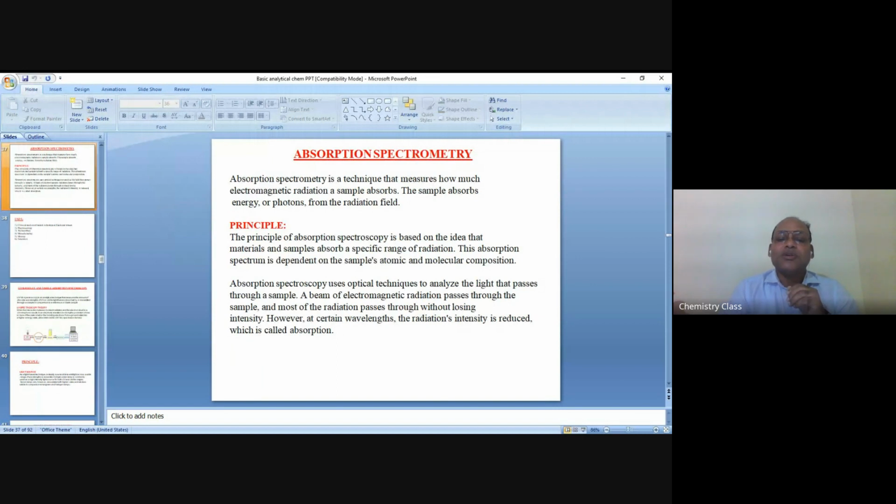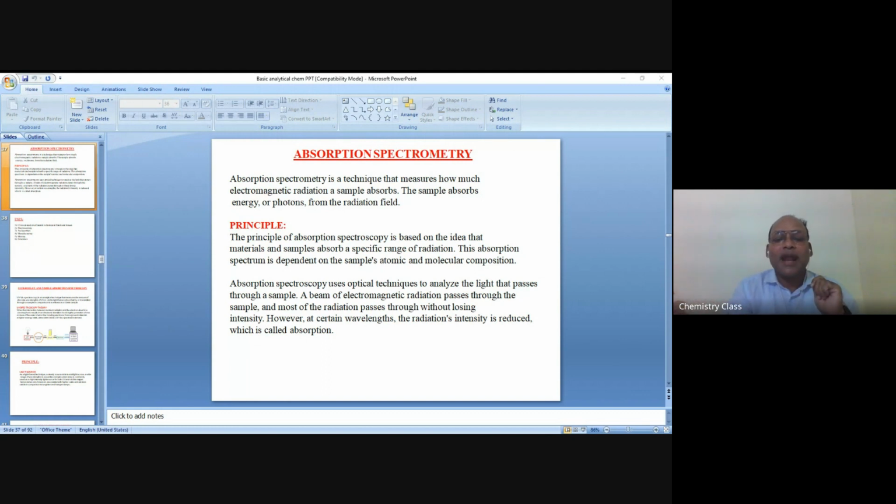That means when the light passes through the sample, it flows with a particular intensity, and it passes directly through without any loss. The intensity with which it enters the sample is the same intensity with which it passes out.